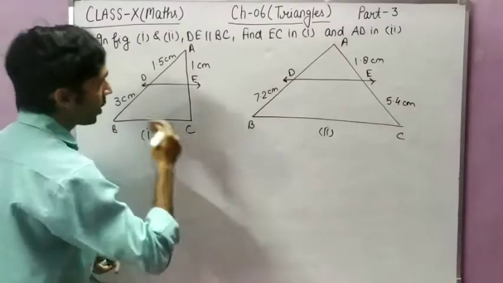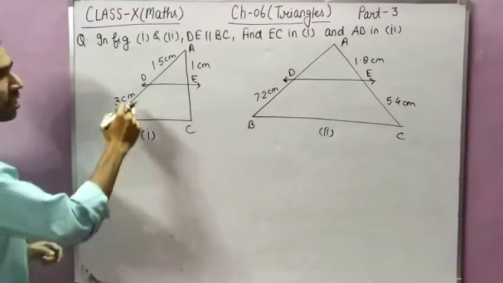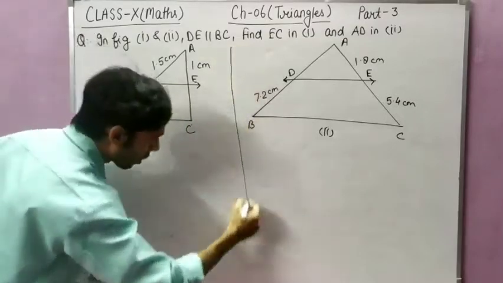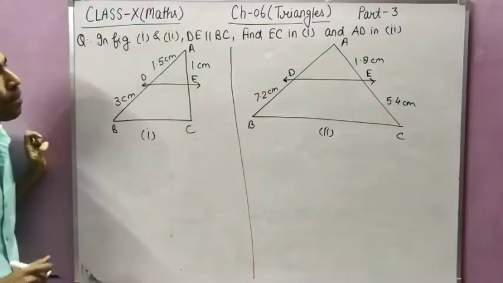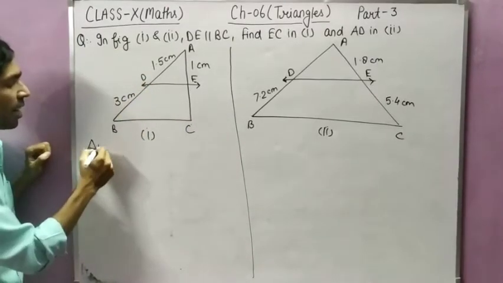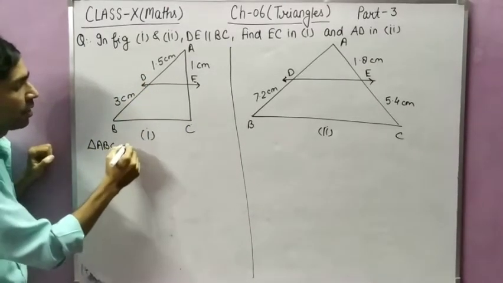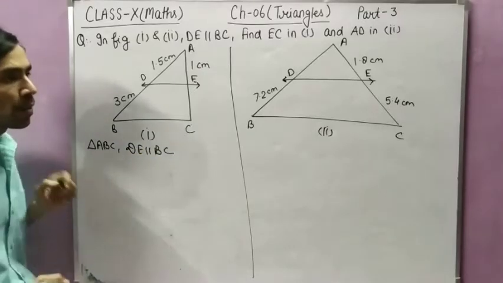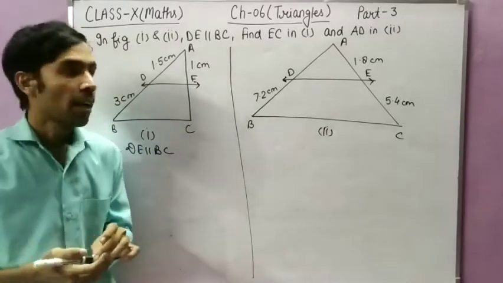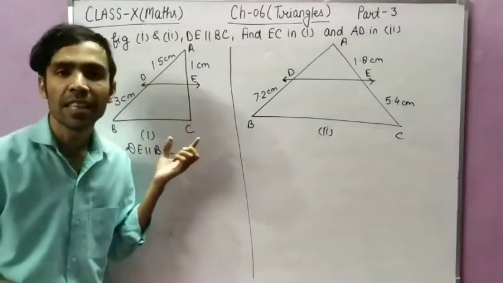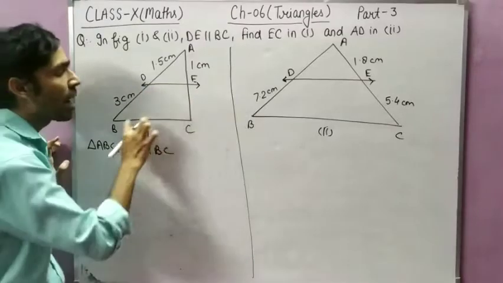Okay, so student, first we will consider this figure, this one. It is two separate questions. Now see, this is a triangle ABC where DE is parallel to BC. Means in a triangle ABC one line is there, that is DE, which is parallel to one side of the triangle, that is BC.